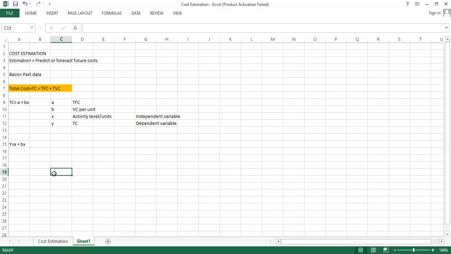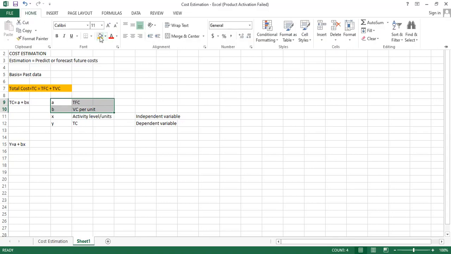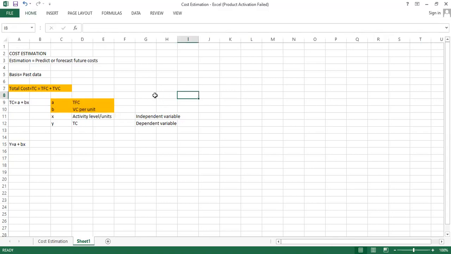So as we estimate costs based on the two methods which your syllabus requires that we look at, our main task shall be to come up with this equation in this form. For us to come up with this equation, the concern will be to compute A and B, the two values which I have highlighted.